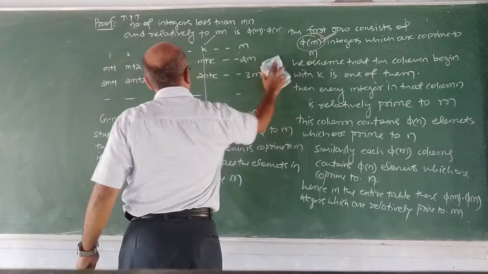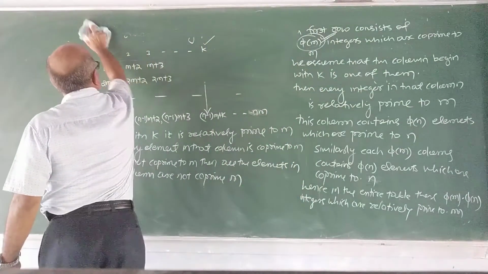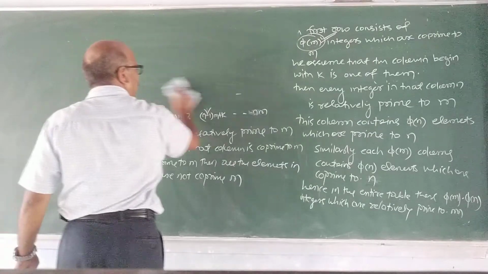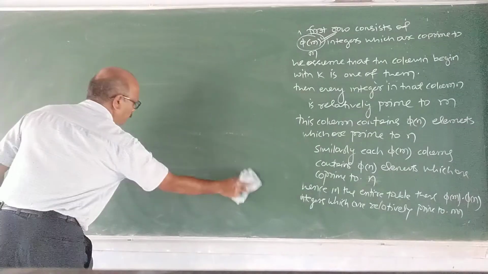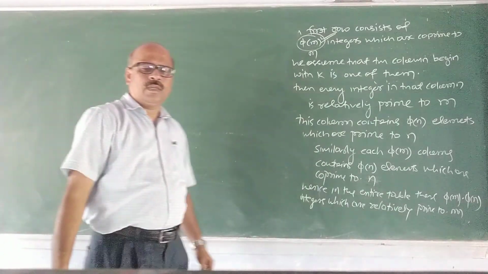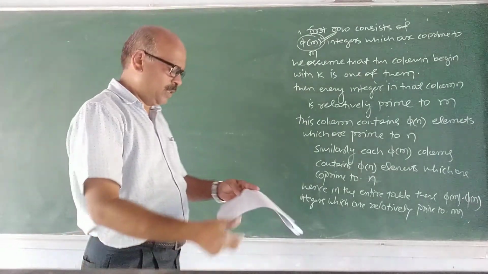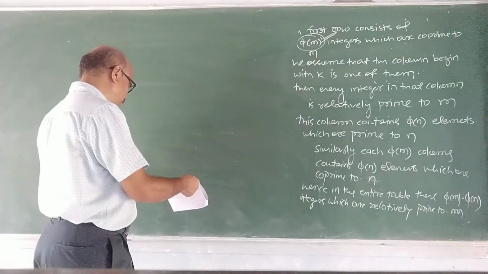Therefore, pi of mn is pi of m into pi of n.